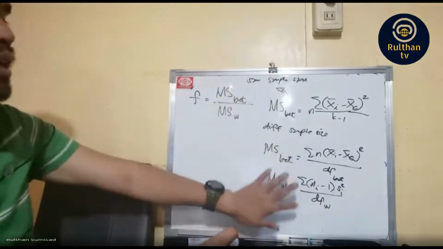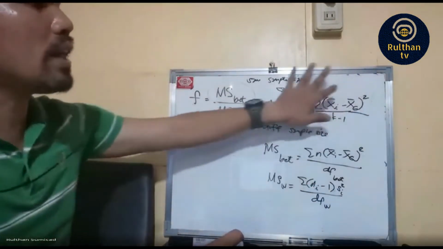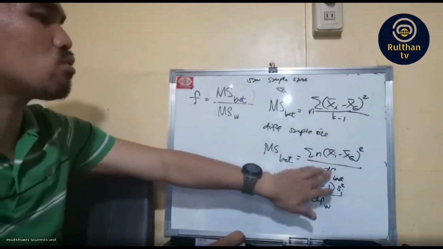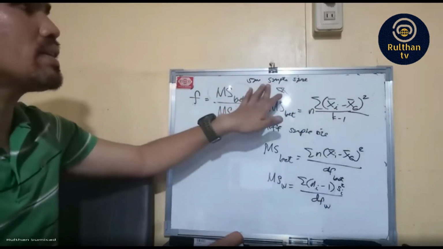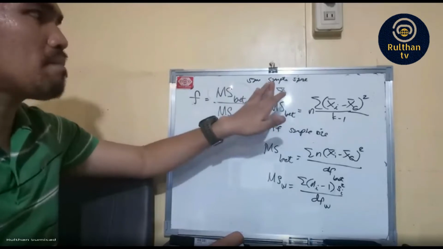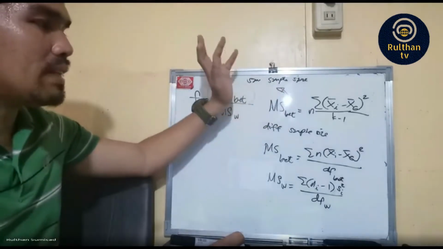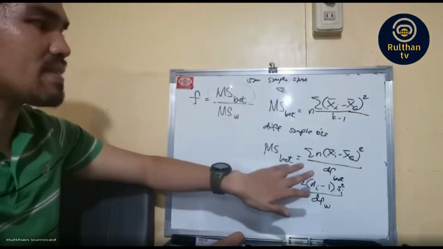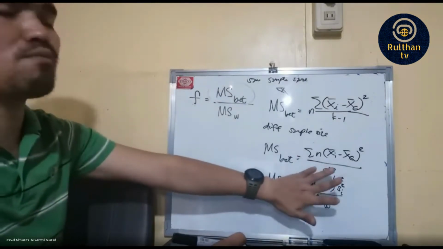So these are our two formulas. Now we modify this one only if our groups have the same sample size. In the event that our groups have different sizes, then we will use this formula.